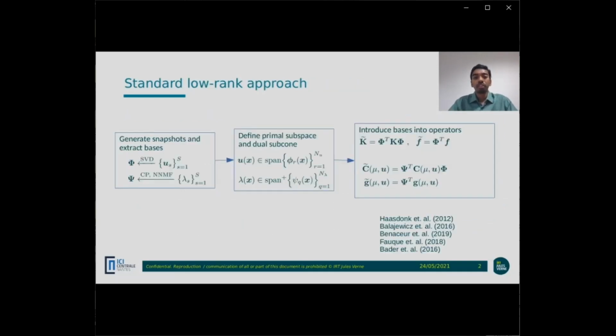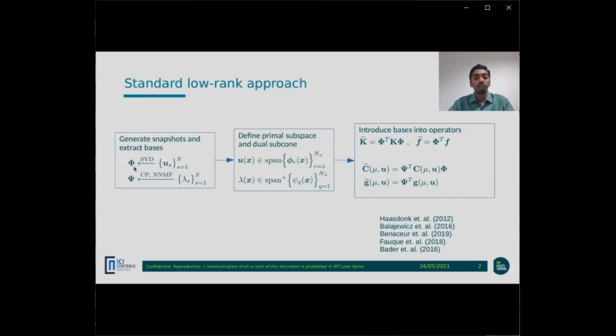When we try to solve this problem via model order reduction, we follow the standard low-rank approach, which involves the assumption that the solution lies in a low-rank subspace. Therefore, for the displacement field U, we compress the data using algorithms like SVD or POD and create a basis phi.